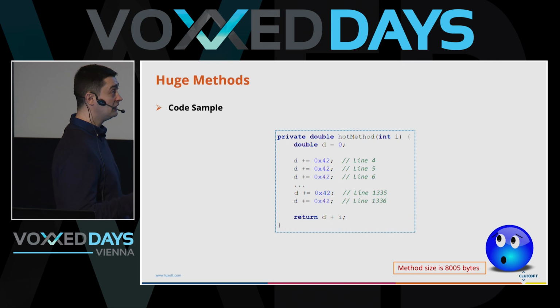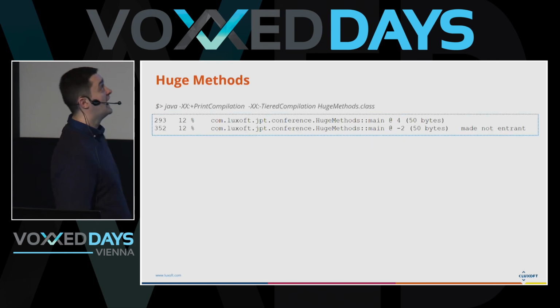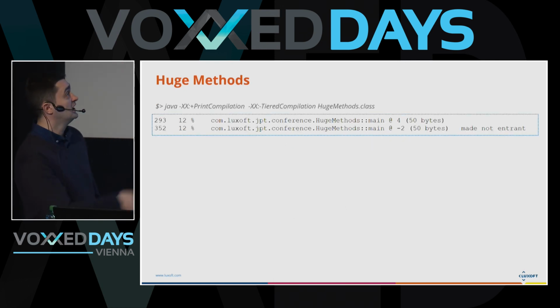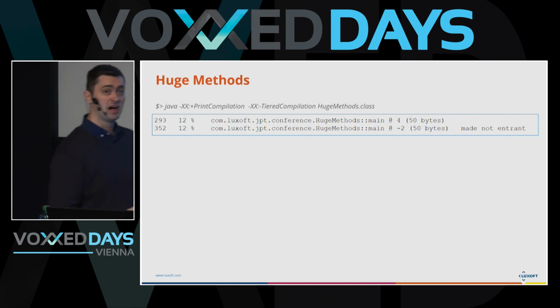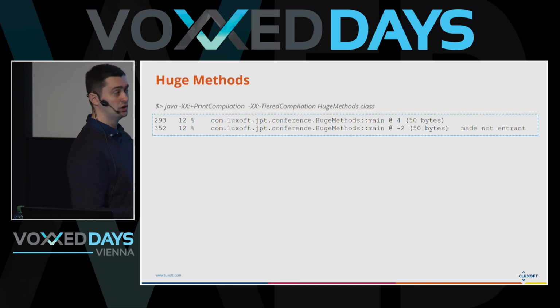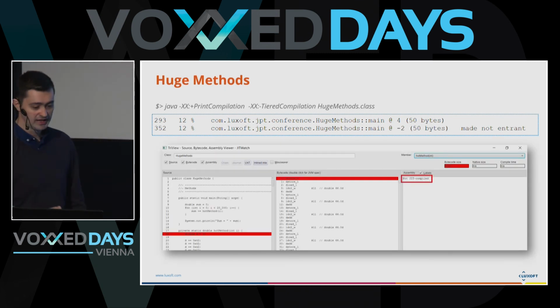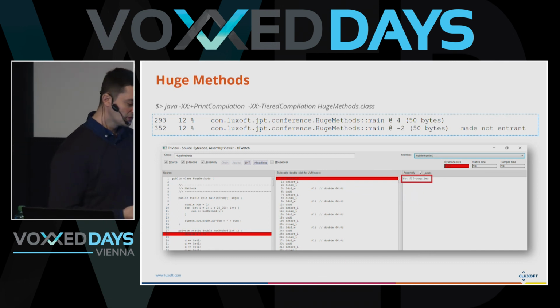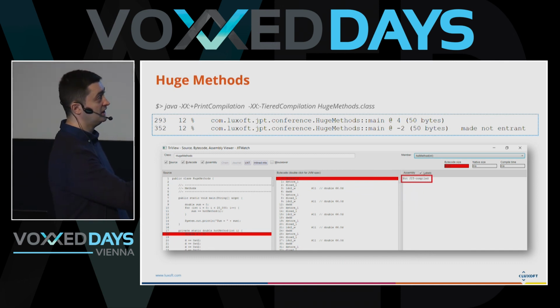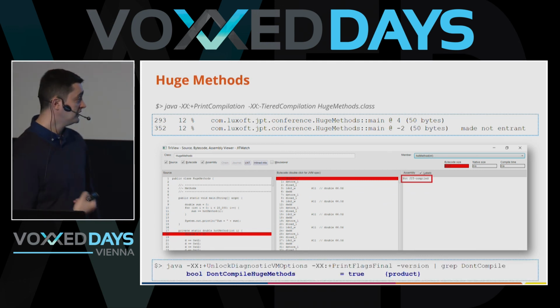If we run this, and also print the compilation, as we see here, there is nothing which got compiled during the runtime in regard to the hot method, only the main method. If we check inside the JITWatch tool, we see written in here, no JIT compiled. Why is that?